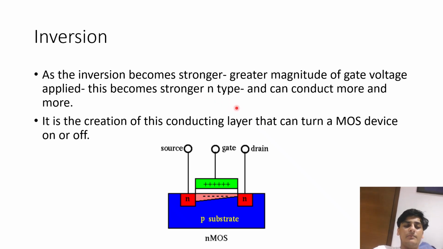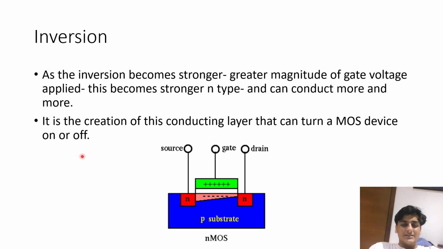And so the more you apply the gate voltage, the more this layer near the oxide can conduct. And this layer is what we call the inversion layer. And it is the creation of this conducting layer that can turn a MOS device on or off.